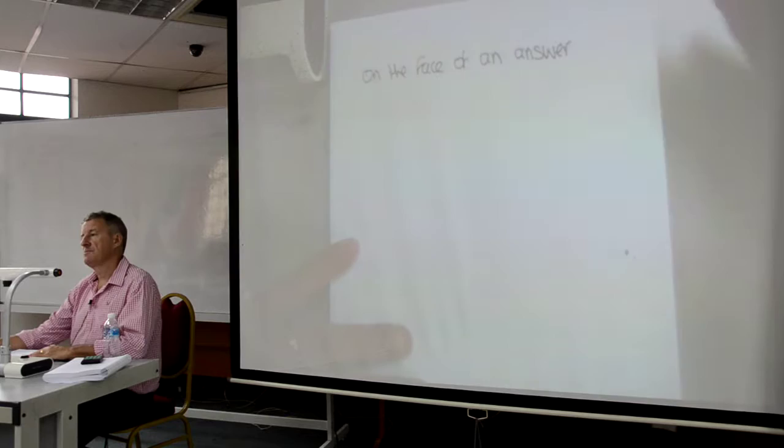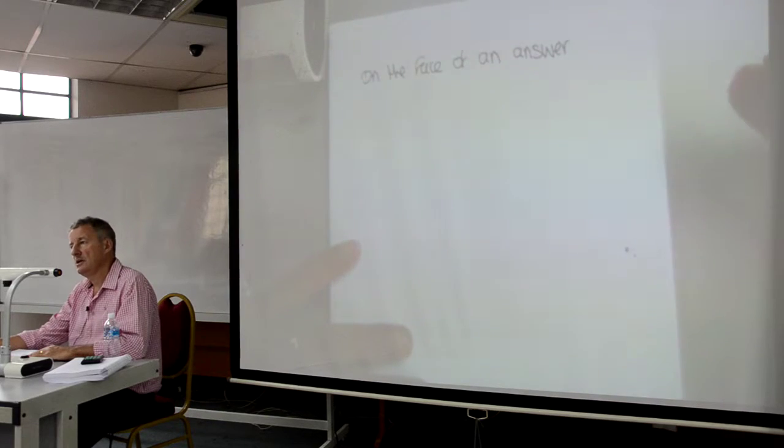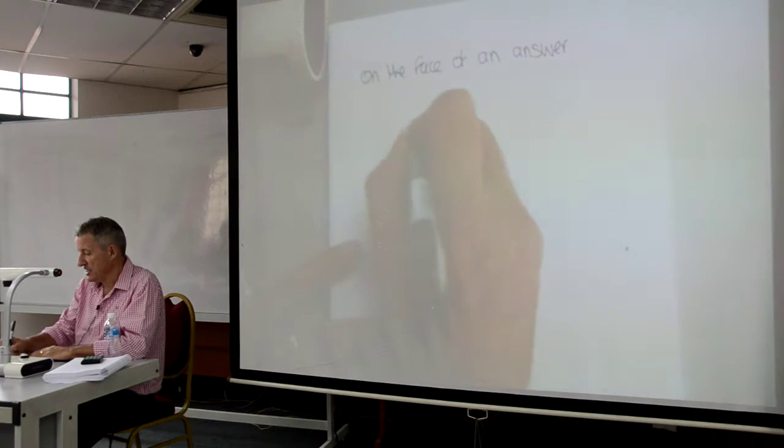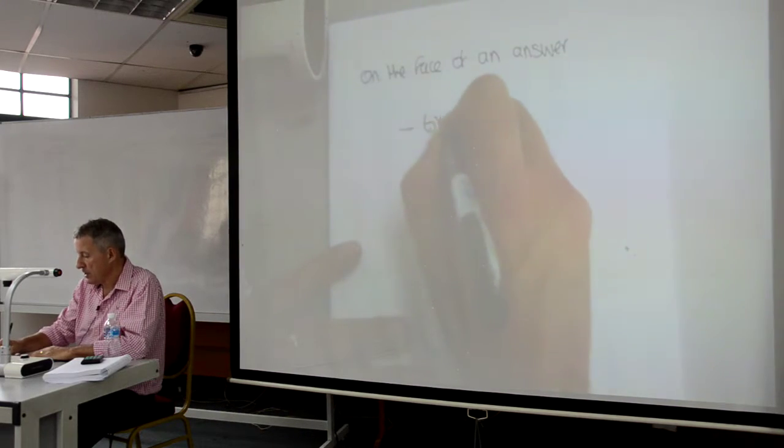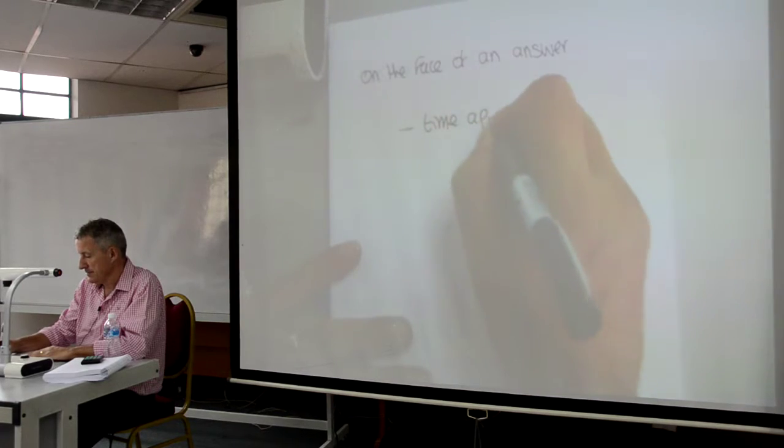I think there are some things which may not need a formal working that we can just kind of rock and roll with and adapt with and deal with on the face of the profit and loss account. One of those is time apportionment.